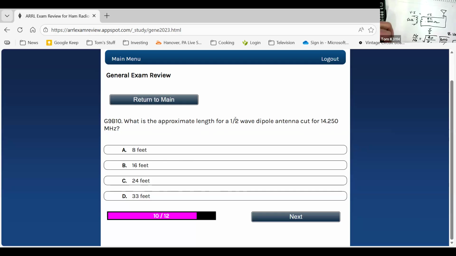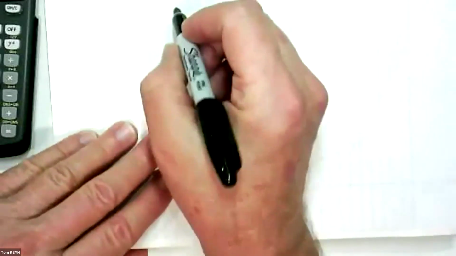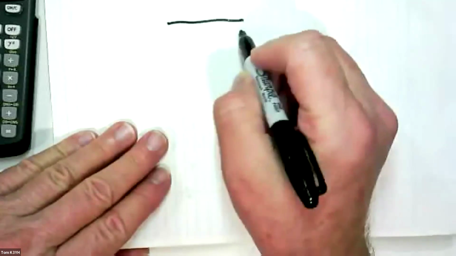All right. So this is a half-wave dipole. So this is like a wire hanging out of a tree, or maybe you made it out of some aluminum rod and stuck it up on top of a little mast on your roof, some such thing like that. And remember, it's a half wave, 14.250 megahertz. Let's draw that. I'm just going to show a center-fed thing here.